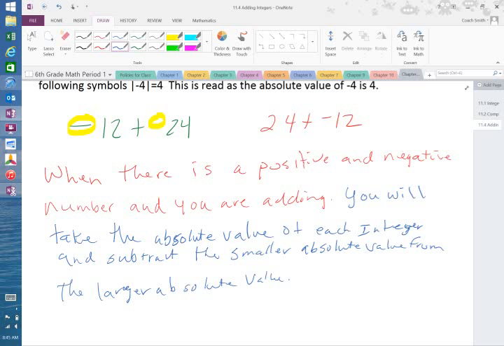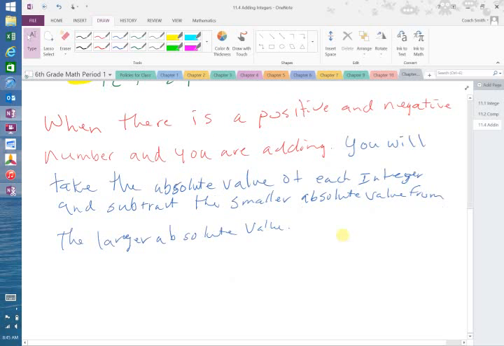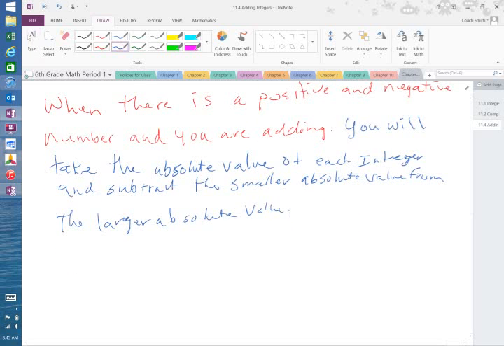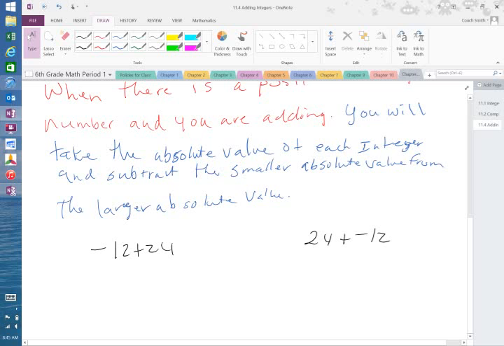Okay, so I'm going to rewrite those 2 problems just down here so we have room to work. We had negative 12 plus 24, and then we had 24 plus negative 12. Now, here's what we're going to do. We're going to take the absolute value of 12.